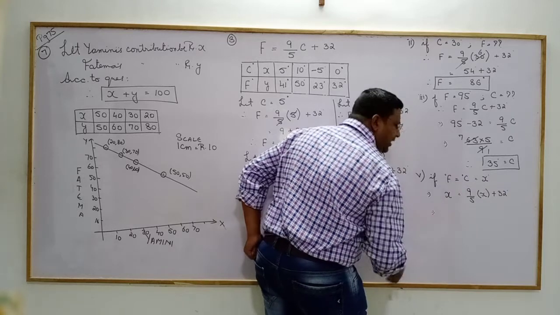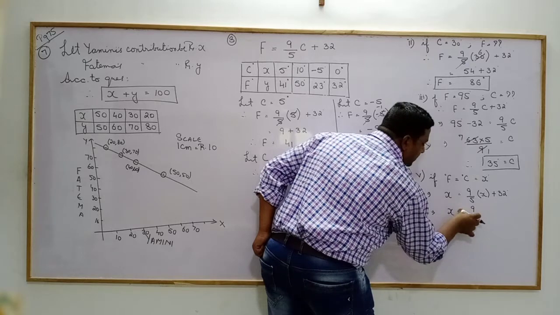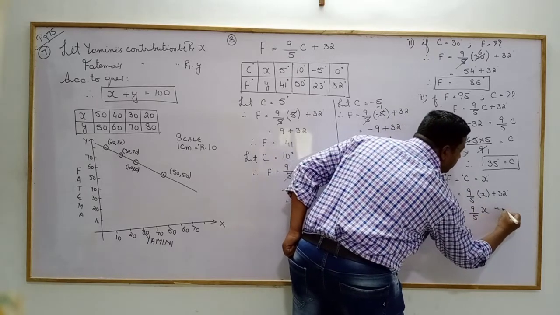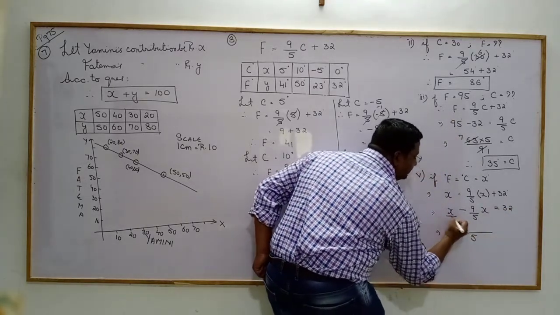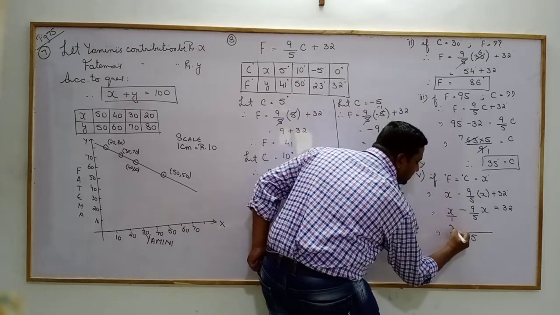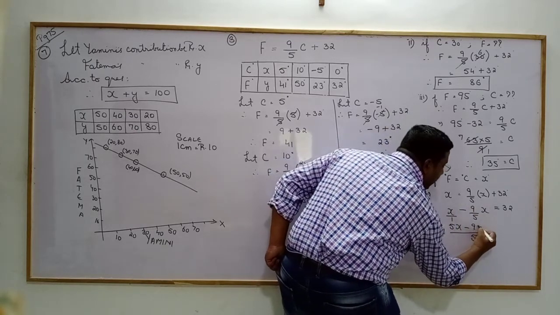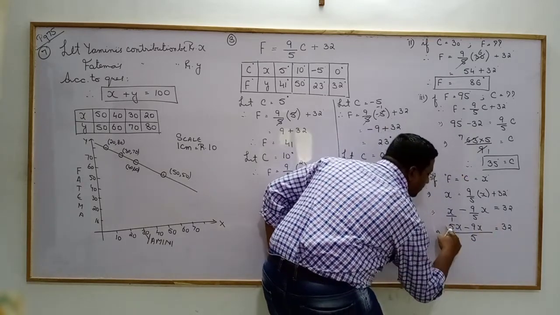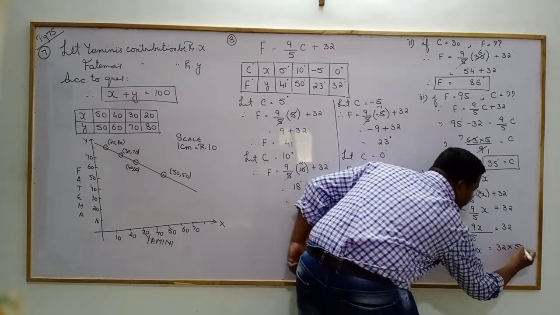Clear? Transpose: plus 9 by 5x comes over here as minus 9 by 5x, equal to 32. What is the LCM? 5 is the LCM. 5 goes into 1 five times, so 5x, minus 5 goes into 5 one time, so 9x, equal to 32. 5 is in multiplication, goes into division: 5x minus 9x, minus 4x, equal to 32 into 5.